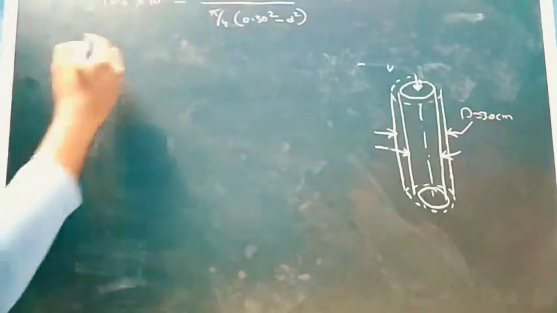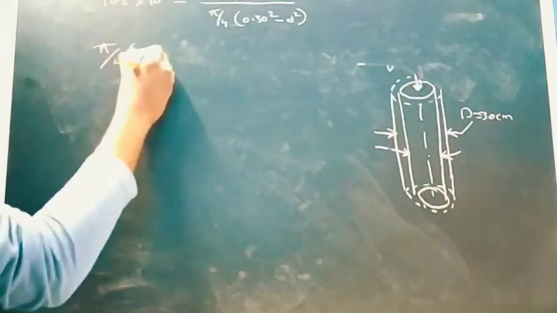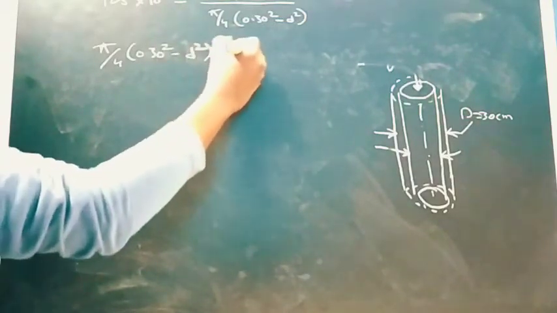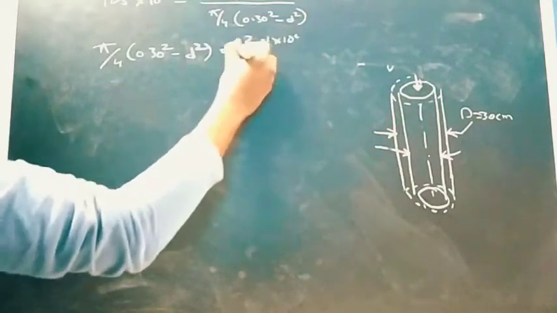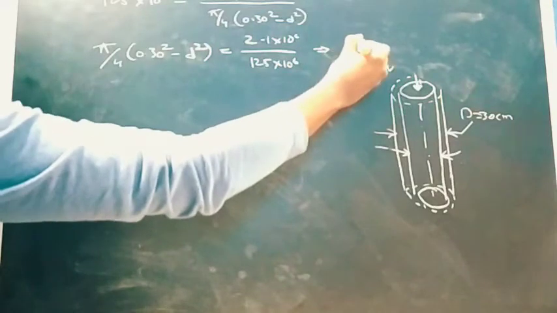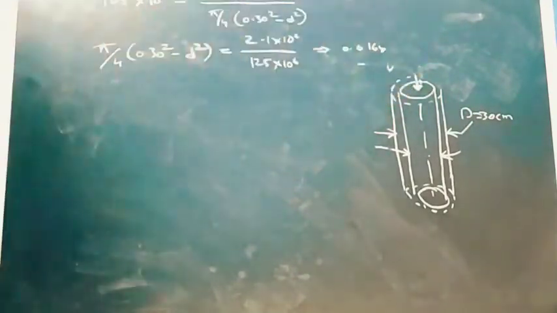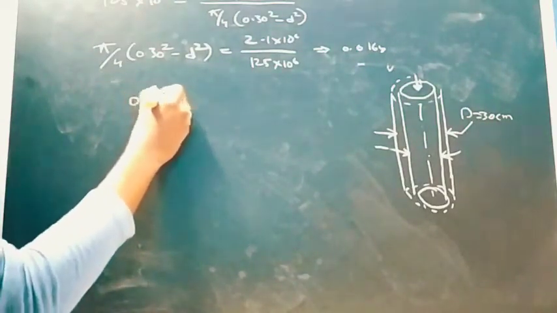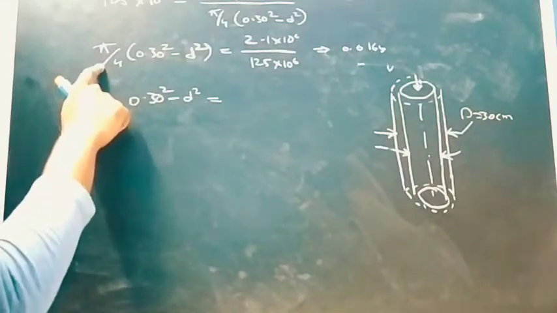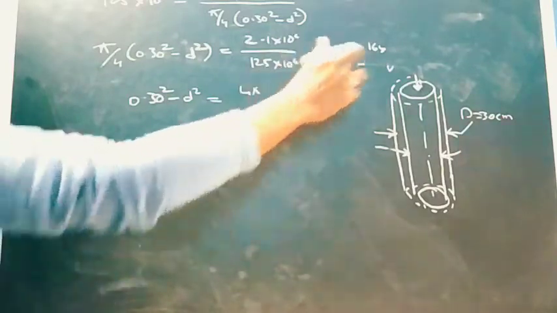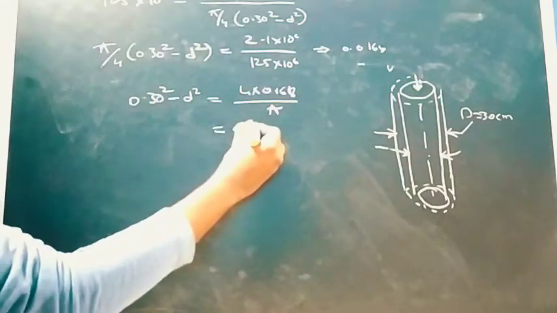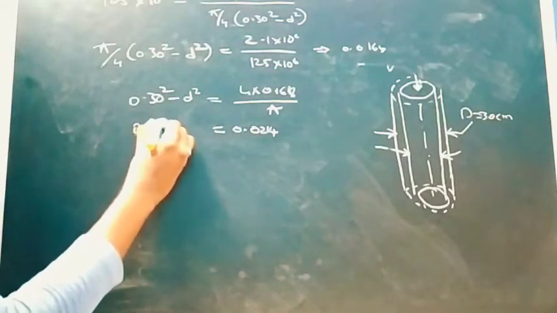Bringing this part to the left hand side, pi by 4 into 0.3 squared minus d square equals 2.1 into 10 to the power of 6 upon 125 into 10 to the power of 6, which becomes 0.0168. Sending pi by 4 to the right, 0.3 squared minus d square equals 4 into 0.0168 by pi, so we get 0.0214.